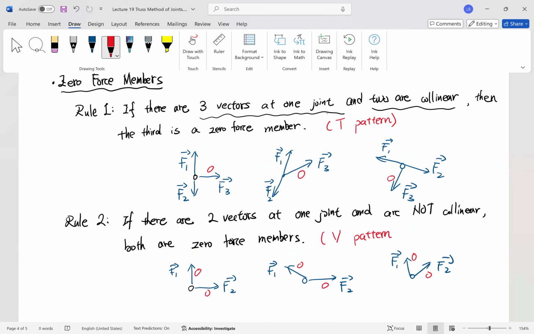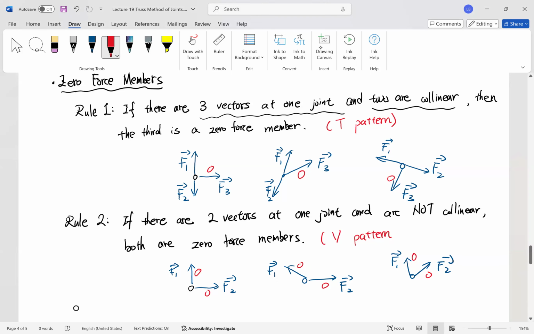So it takes practice to identify T pattern and V pattern from a big truss structure. And also, that first requires us to draw the free body diagram for the entire structure, and we need to represent all the supports as the corresponding reaction forces. And I'm going to show it afterward.